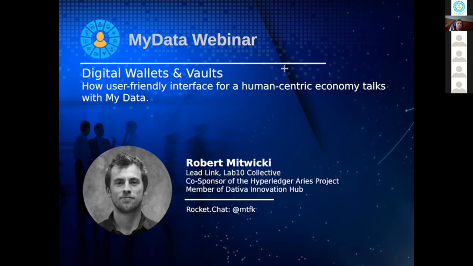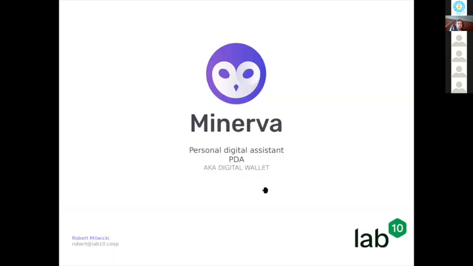We'll see later in the presentation how that combines all the pieces together. So today I would like to briefly go through the definition of the digital wallet, what it actually means to have one, and what the definition of the digital wallet which we are using is. Minerva is the name of the digital wallet which we are building within Lab 10 Collective. Another way of calling it, and actually my preferred way, is a personal digital assistant, so PDA.